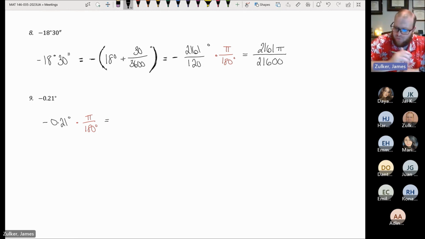Right. Negative 0.21 degrees. Multiply that by pi over 180.